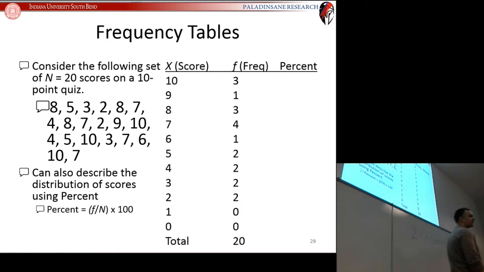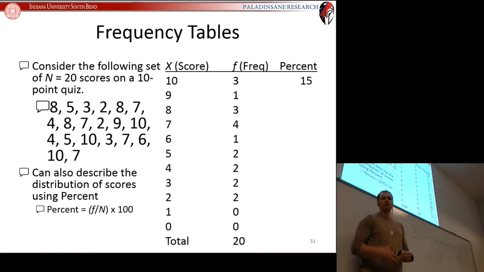The formula is percent equals frequency divided by the number of scores, all multiplied by 100. We have the frequency, whatever the frequency value is for a particular score, divided by the number of scores, which is this 20 up here, all multiplied by 100, and then we can see that 10s account for 15% of the scores.